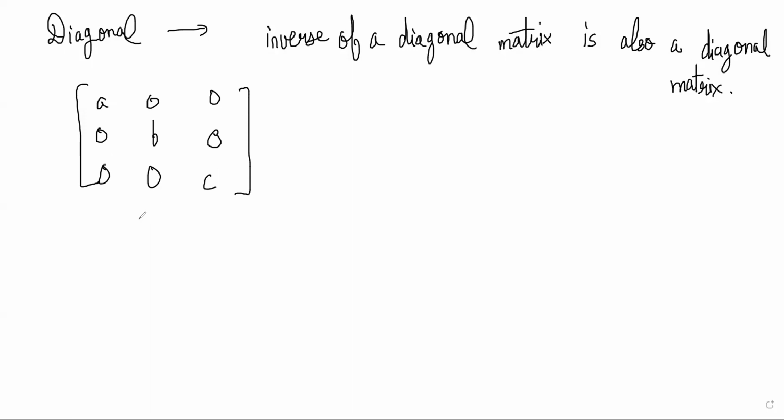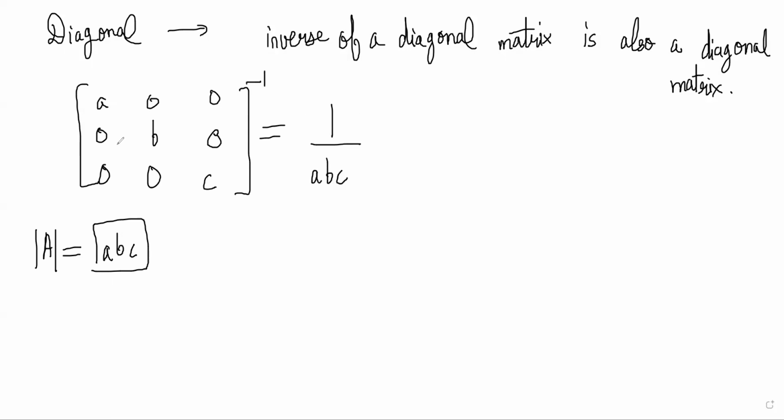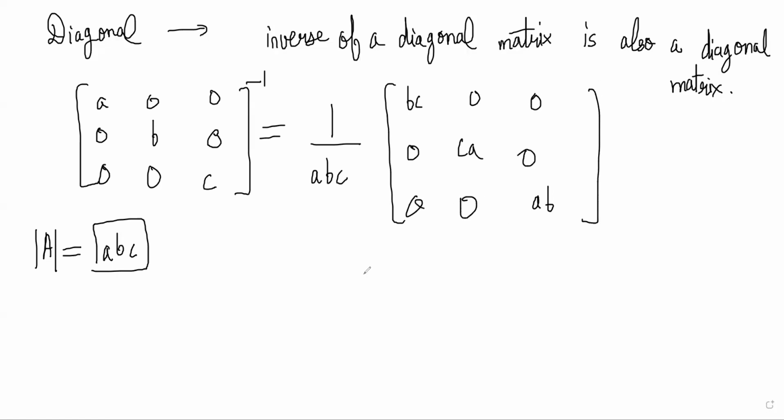If you realize, the det of this matrix is simply ABC, so we know that this inverse is 1 by ABC times the adjoint of this, and the adjoint of this had come out as BC, CA, AB.